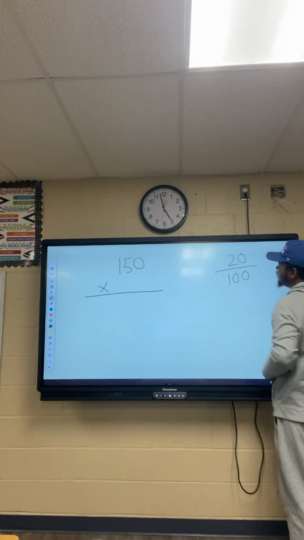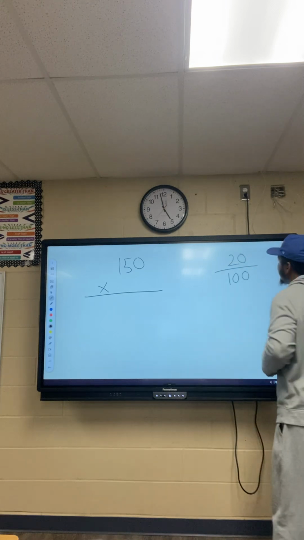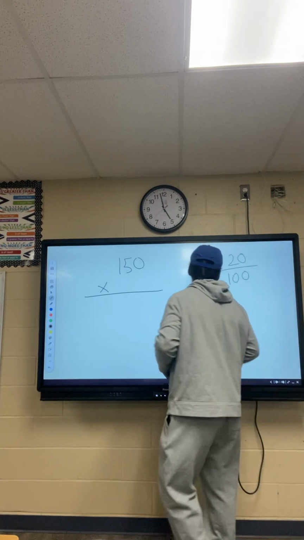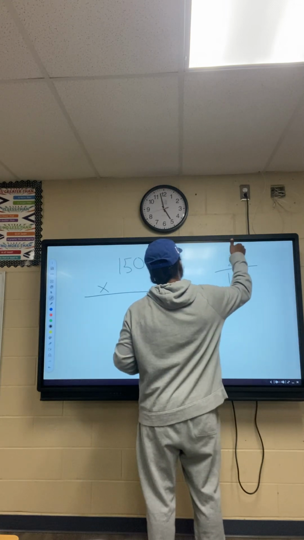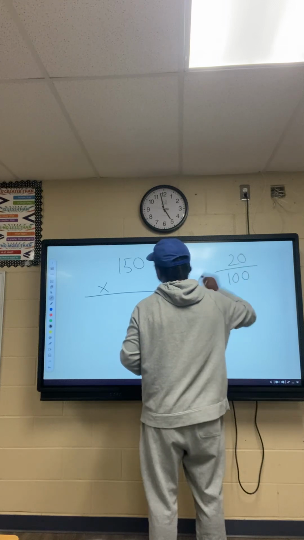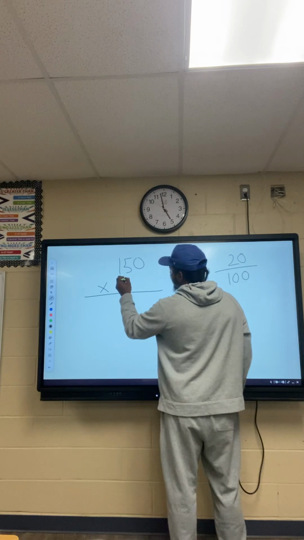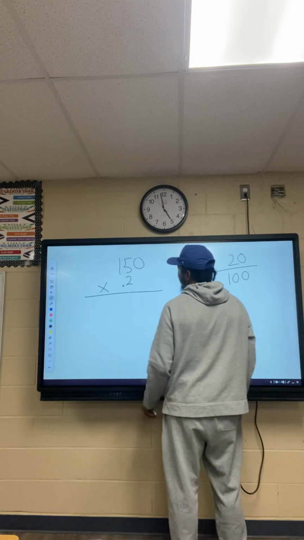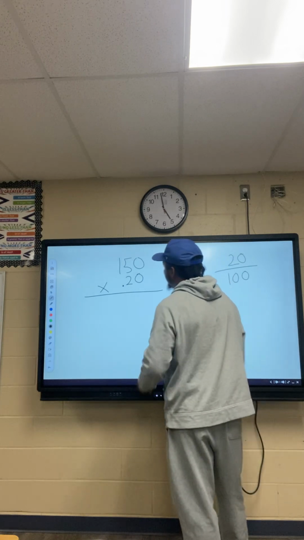So we know that the 2 needs to fall in the tens place so that the 0 can fall in the hundredths place. The number must end in the proper place value for you to say it correctly. 20 hundredths means this 0 needs to fall in the hundredths place. So we start with a decimal, put our 2 in the tens place and our 0 in the hundredths place. Now we can go ahead and multiply.